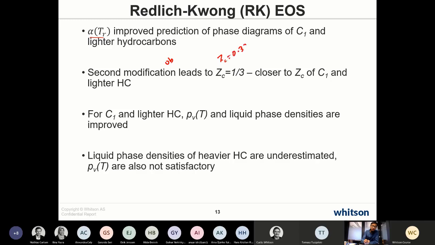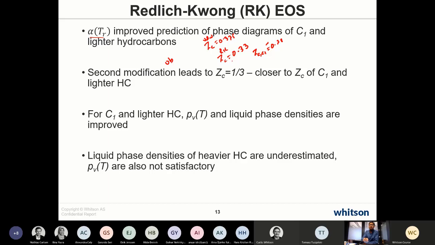That's 0.33, which is much closer to, for example, methane, which is about 0.28. So you can see it's much closer to the methane critical Z factor compared to the van der Waals, where it was about 0.375. So that's the van der Waals, and that's the Redlich-Kwong.